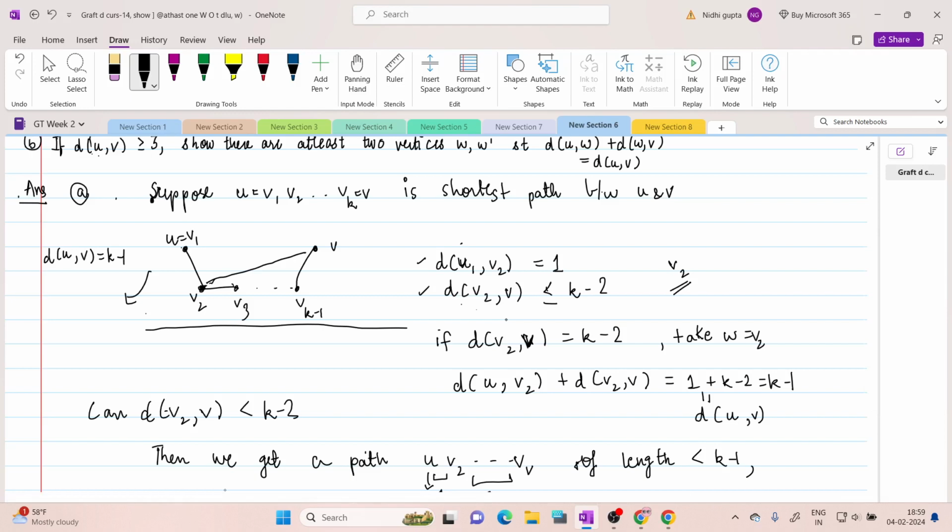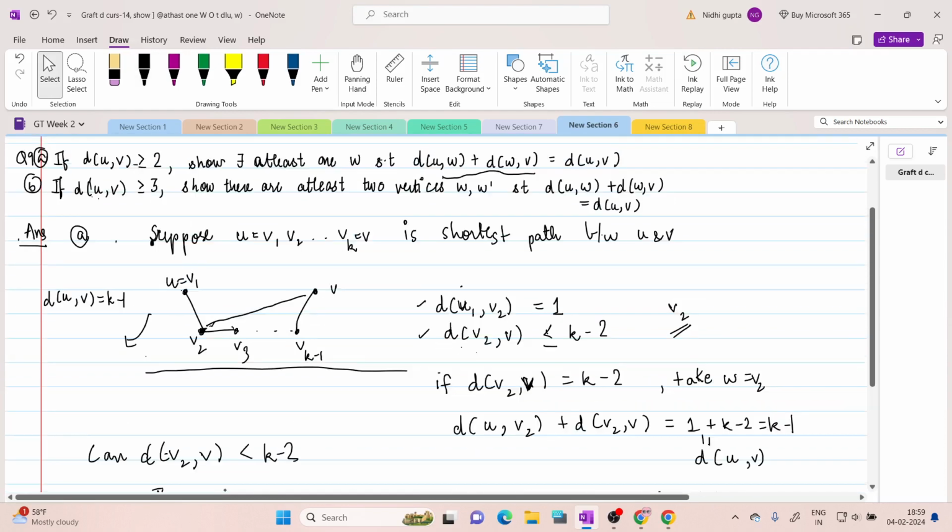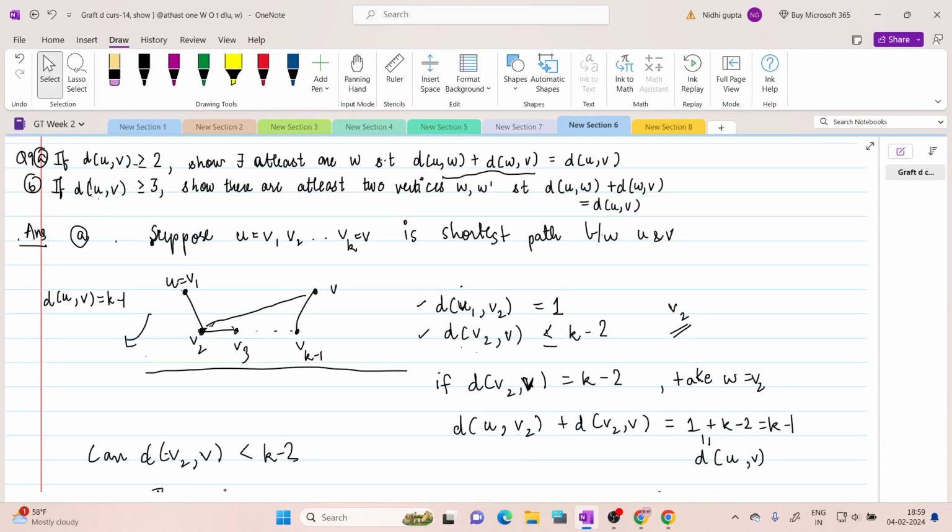Why don't we prove it in the contrapositive way? Let us assume that for all possible w's this is true, and then finally we negate, and then we can say that this would be possible if the shortest distance between u and v is equal to 1. Can't we move forward in that direction to prove this statement? I think that will be more complicated. This is very simple, right?